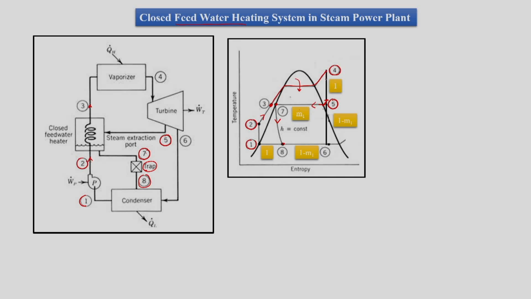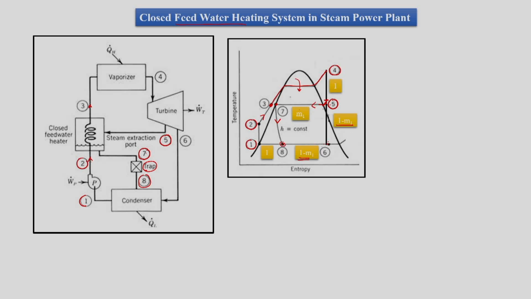And then we have 4 to 5 as partial expansion in the turbine for the complete mass, but the rest of the mass, 1 minus M1, will expand in the process 5 to 6, and then 6 to 8 we have only 1 minus M1 mass going into the condenser.